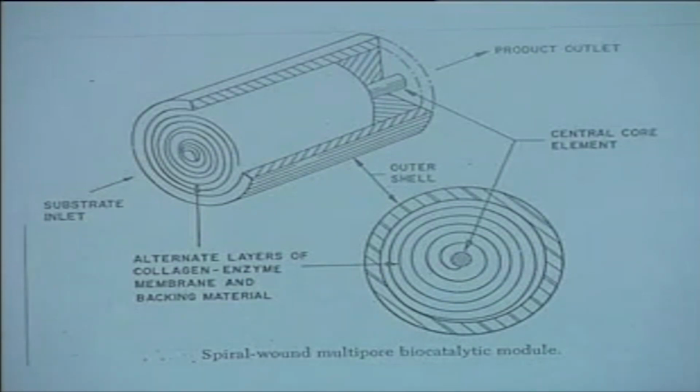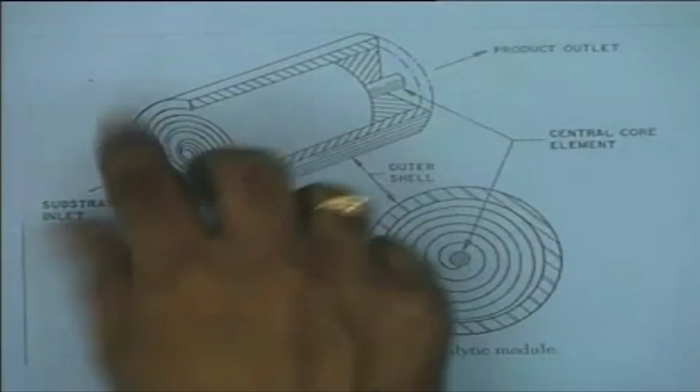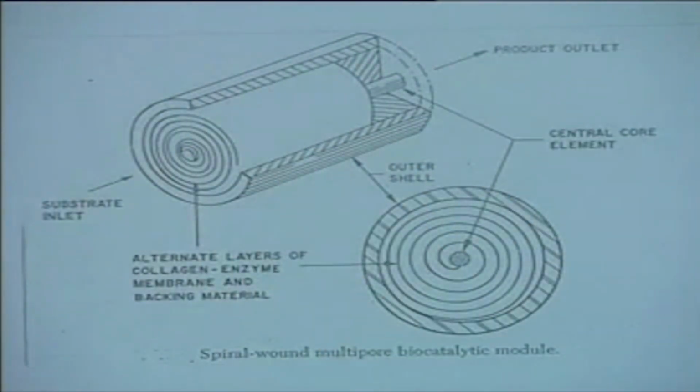Only, instead of packing the column with particulate material, the film is wrapped around a core, spaced by another sheet, and then the whole core is inserted into a column. So you can feed the substrate either from the top or the bottom and take it out as another stream. It's almost like a plug flow reactor.